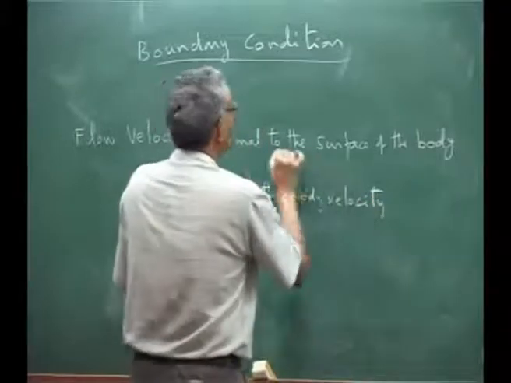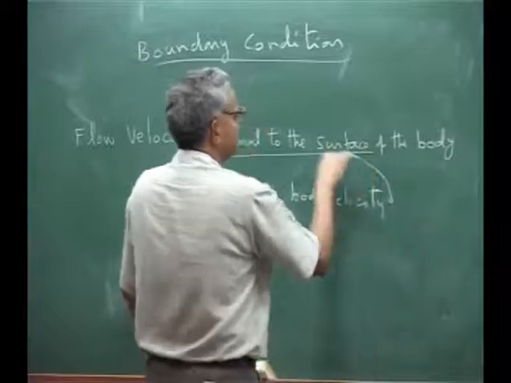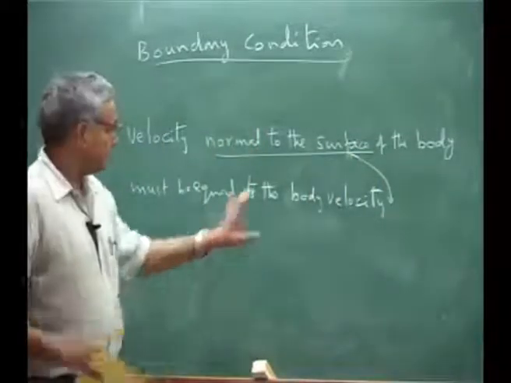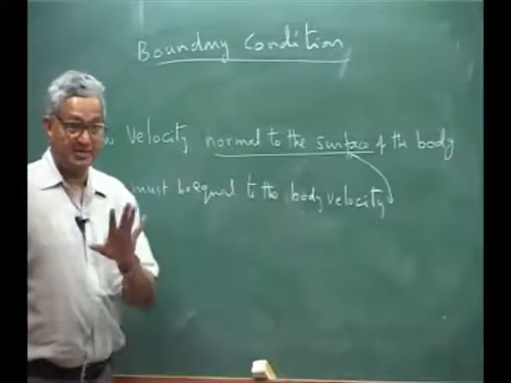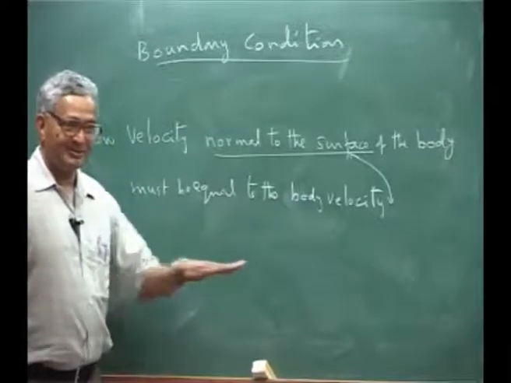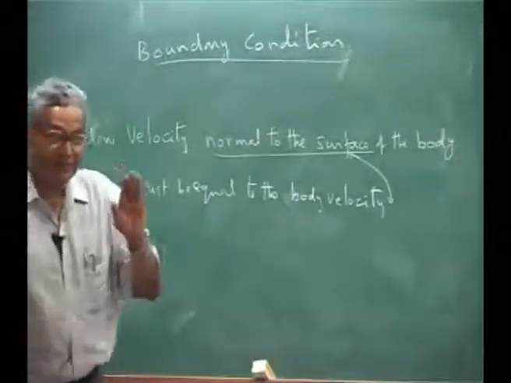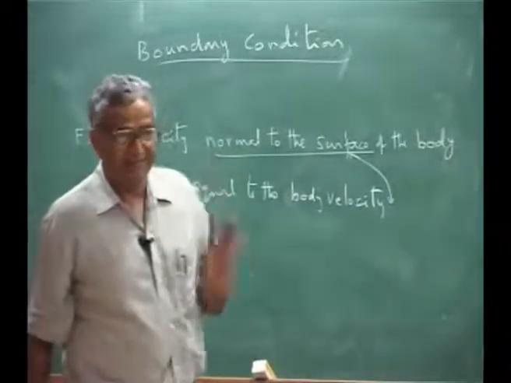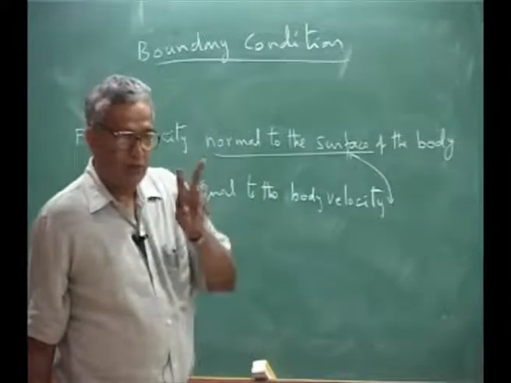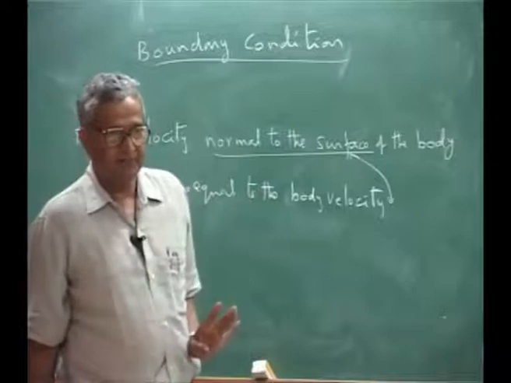Again normal to the surface. This normal to the surface is there in both places. Okay, body can move like this. Okay, what is the velocity normal to the surface at that time? That is what you have to take at that point. So you have two velocities. One is the flow velocity, another one is body velocity.